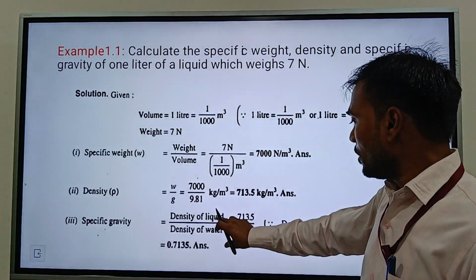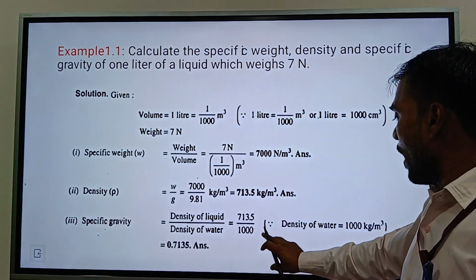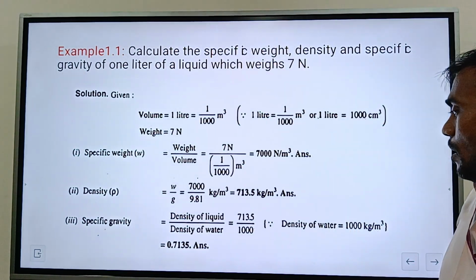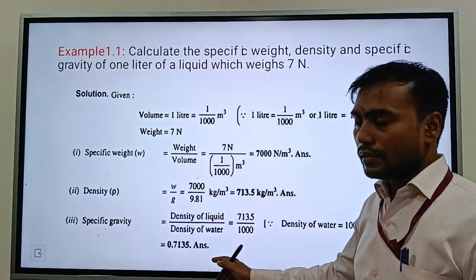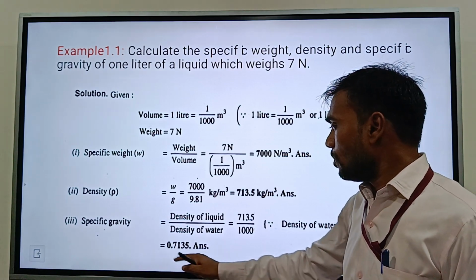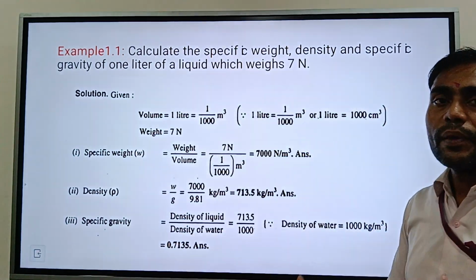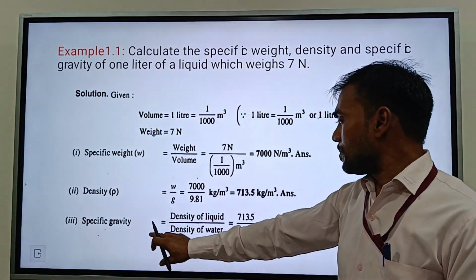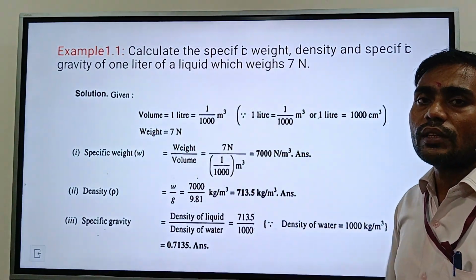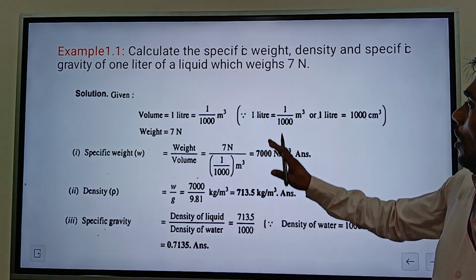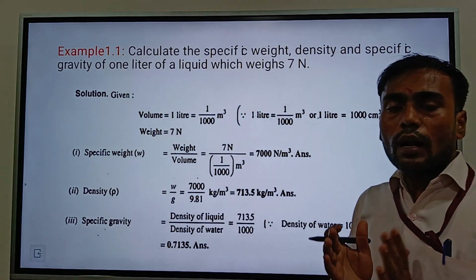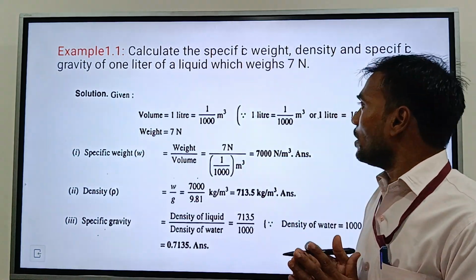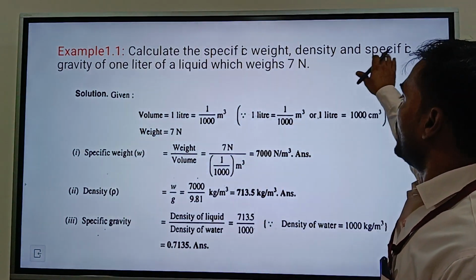Put these two values and the final value will be 0.7135, and it is unitless, it has no dimension, therefore it gives only a magnitude. So the final value of specific gravity is 0.7135. If we learn the basic definition of the parameters, then you can easily calculate these parameters.